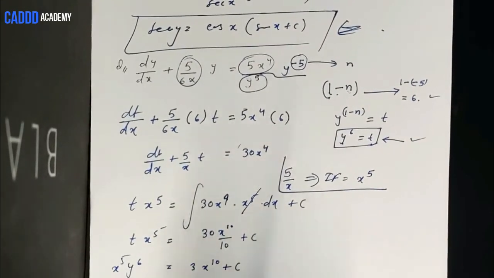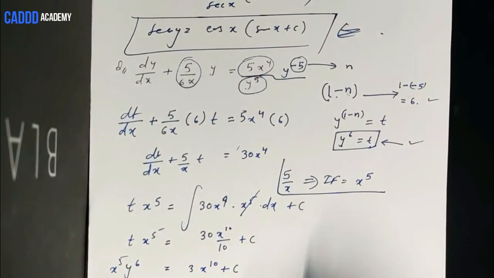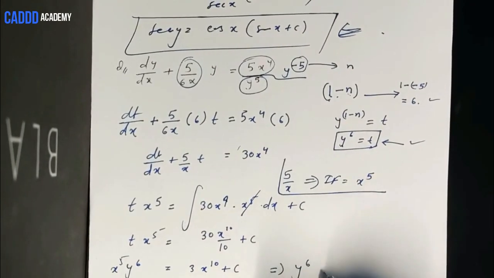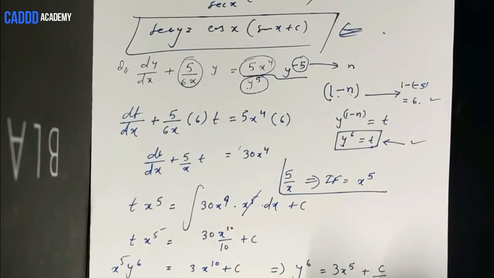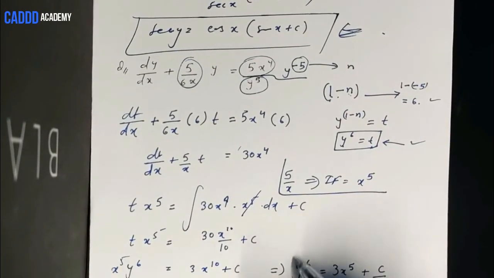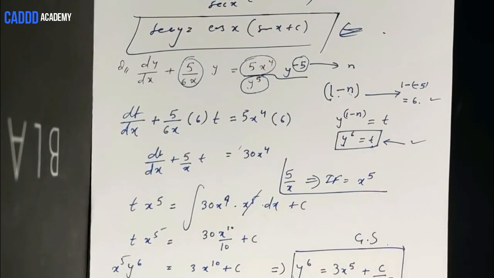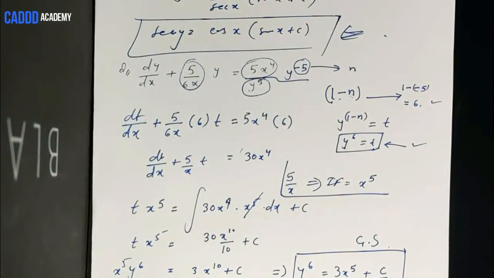Okay, so this is the solution of the differential equation, which we will say is y to the power 6 is equal to 3x to the power 5 plus c by x to the power 5. So this is the general solution of this Bernoulli's differential equation.